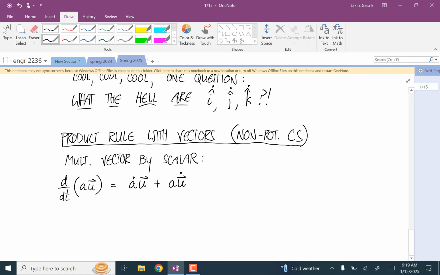And in this case, we don't have to worry at all about the order of operations, because whether you multiply the vector first or the scalar first, you get the same answer, okay?